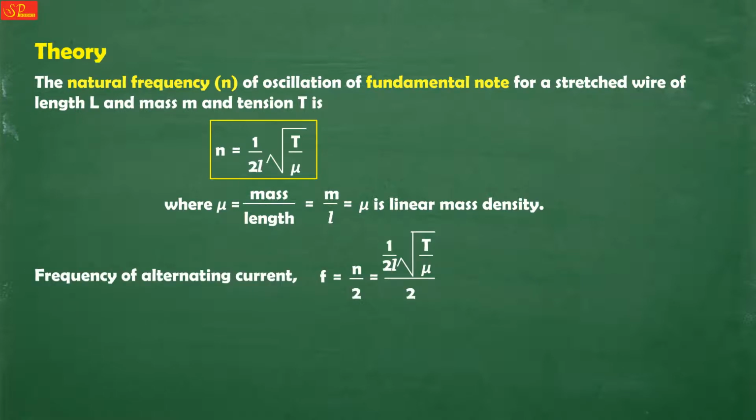Frequency of alternating current F = N/2 = (1/2L) √(T/μ) divided by 2, or F = (1/4L) √(T/μ) = N/2. Plot a graph between T along the x-axis and L² along the y-axis.